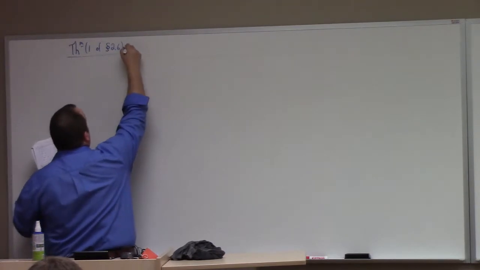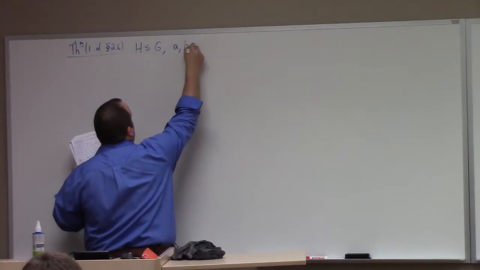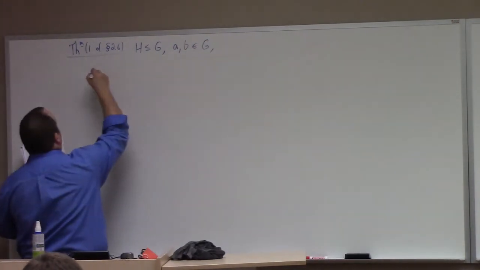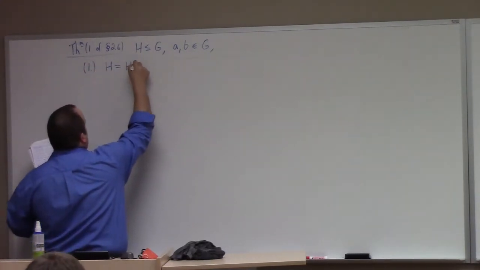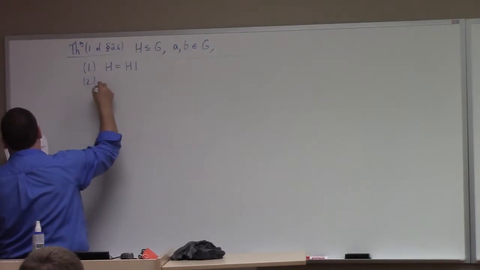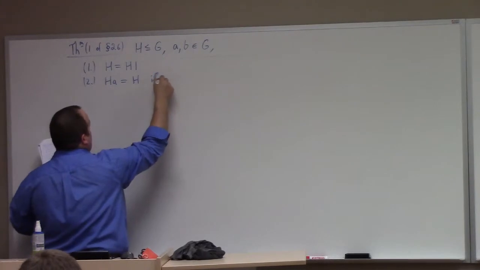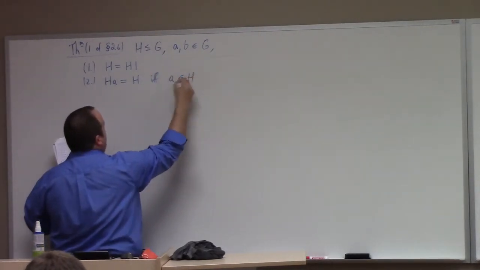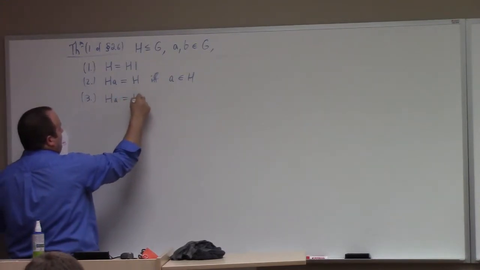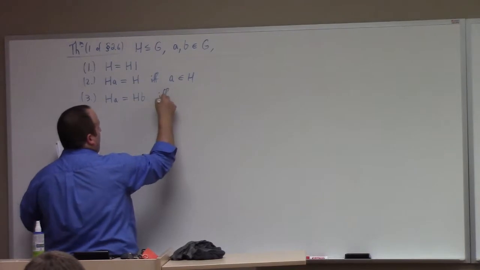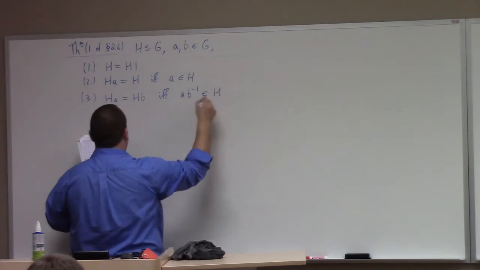We again have H, a subgroup of G, and a and b elements of G. Then we have this list of demands. 1: H is equal to H1. 2: Ha is equal to H if and only if a is an element of H. 3: Ha is equal to Hb if and only if ab inverse is an element of H.